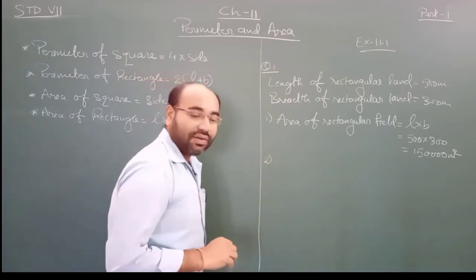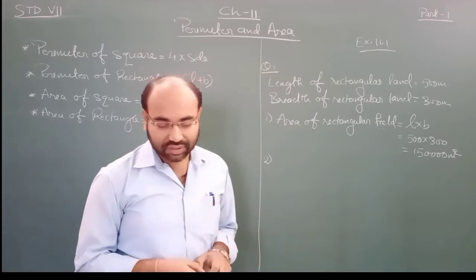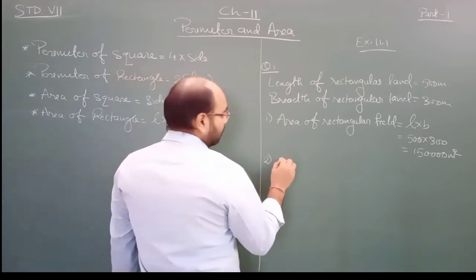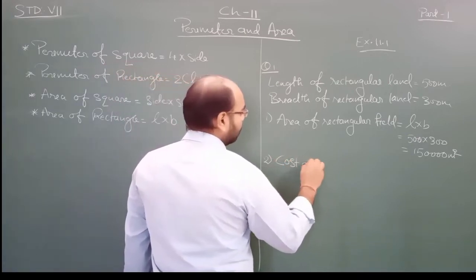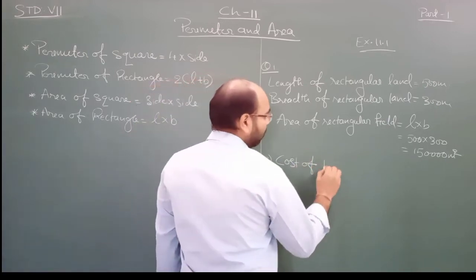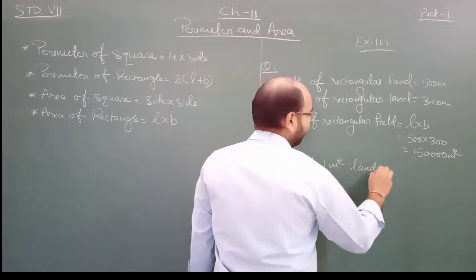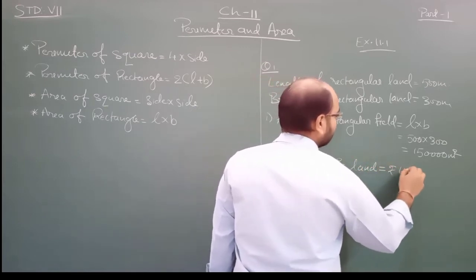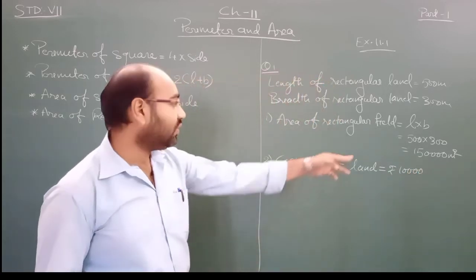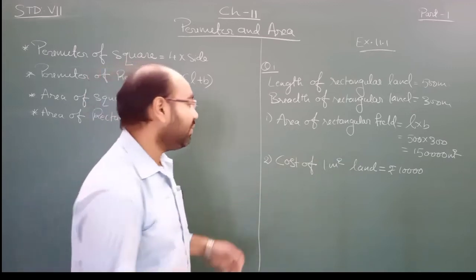Now the second one: it is given that the cost of 1 meter square of land is rupees 10,000. So cost of 1 meter square land is equal to rupees 10,000, that is given in the question. So we have 1,50,000 meters square. What will be its cost?